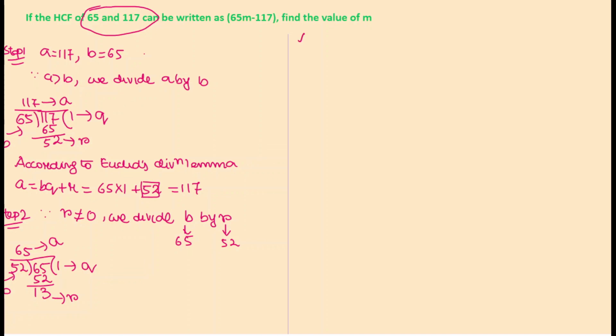So using the latest values, we will find out the value from Euclid's division lemma. We will write A equals BQ plus R. So 52 into 1 plus 13, that will give us 65, that is equal to A. Okay, so now the remainder has come out to be 13, that is not equal to 0.